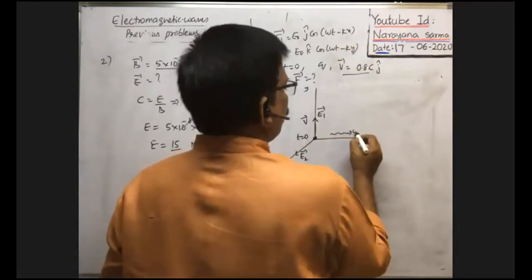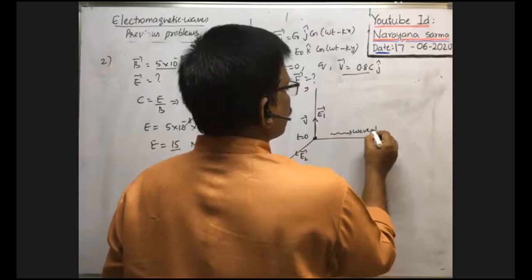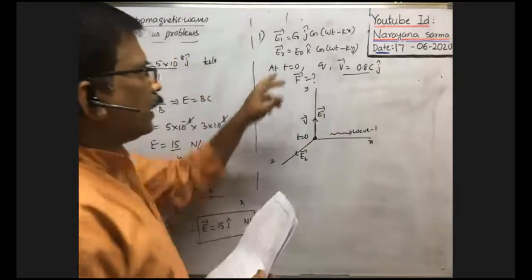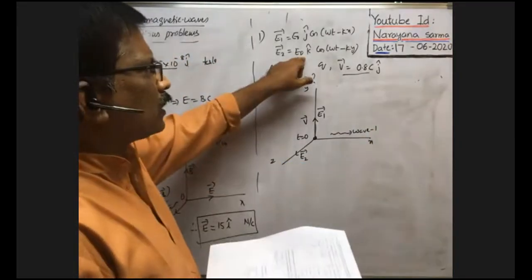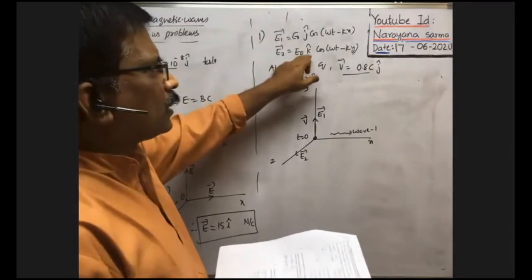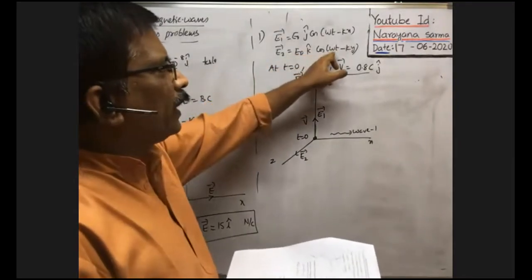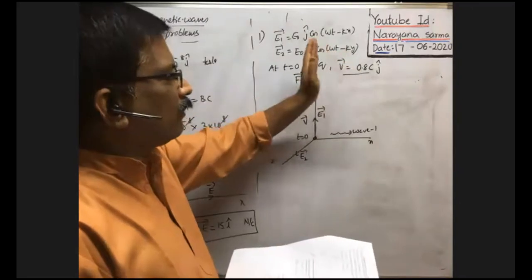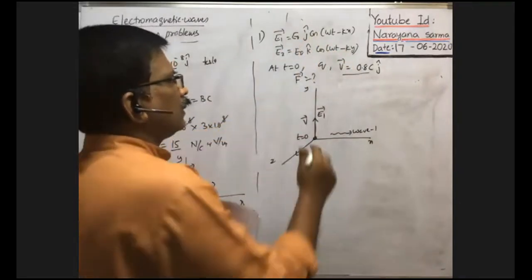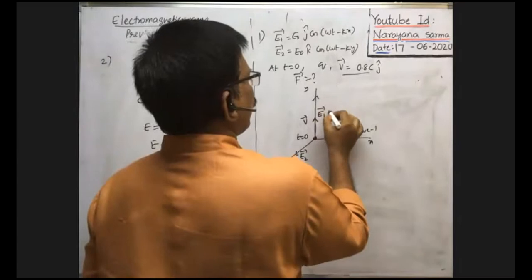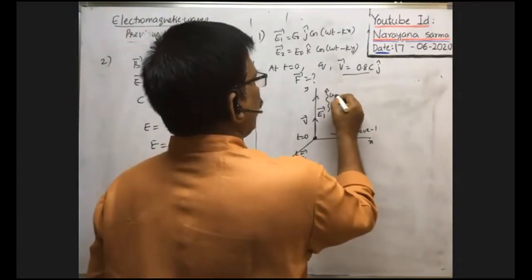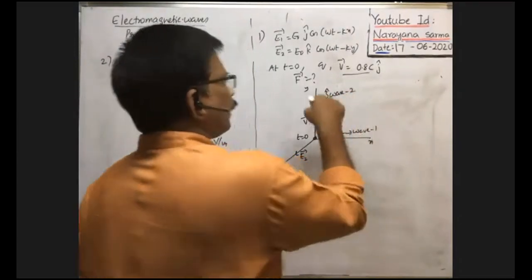Next, what is the direction of propagation of the second wave? Omega t minus ky means it travels along positive y-axis. That's why the second wave travels along positive y-axis.